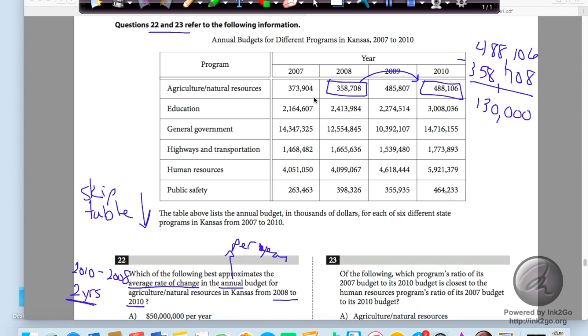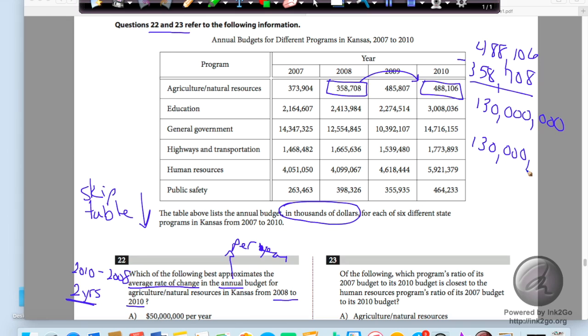Well, the reason being is that if you were to look back at the table, it tells you that this is in thousands of dollars for the unit. So this here is really 130 million. But remember, this is based upon the 2-year increment.